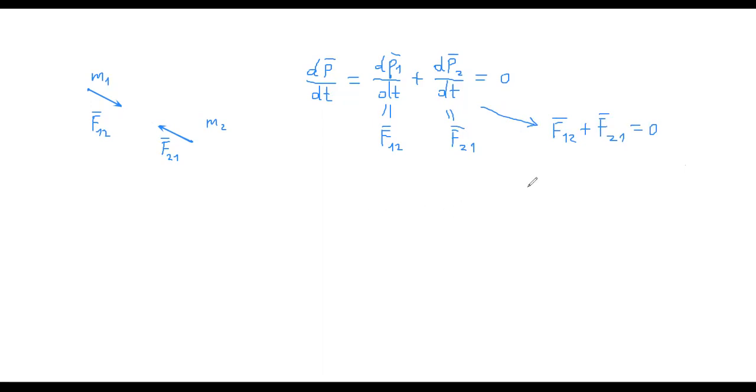And we have got the formula F1,2 is equal to minus F2,1. And what have we got? We have got the third Newton's law of motion.